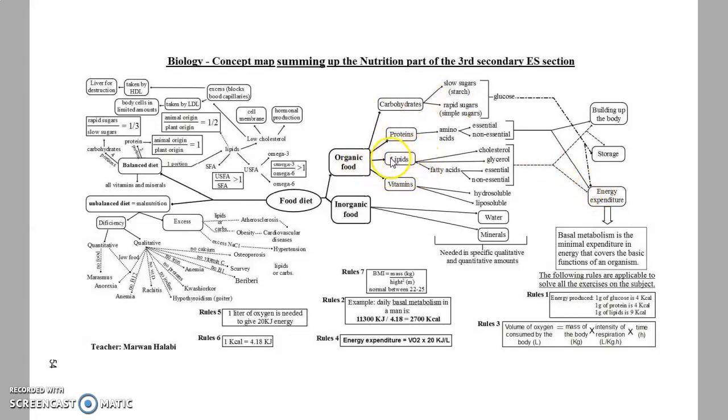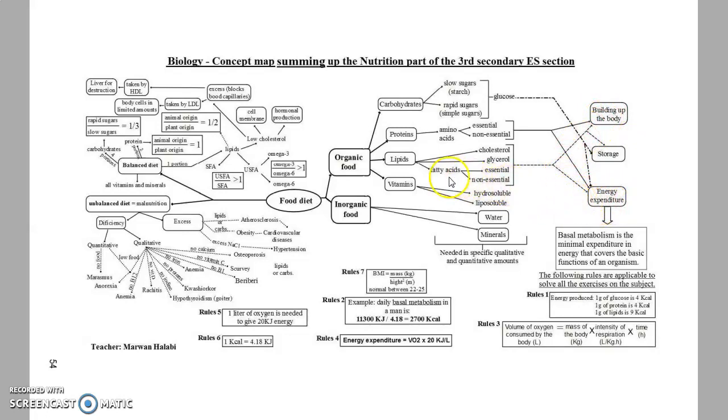The third main group of organic food is lipids, which can be cholesterol, glycerol, and fatty acids, which are either essential or non-essential. So, fatty acids are usually used for building up our body or for energy expenditure.